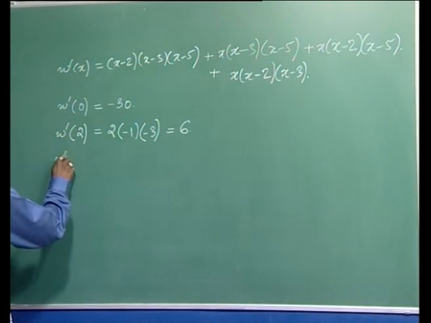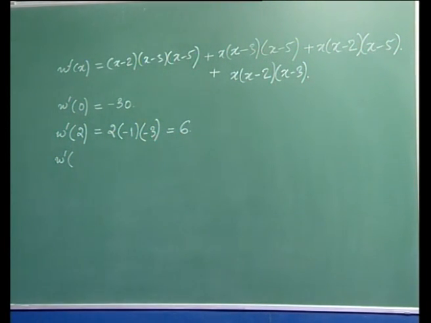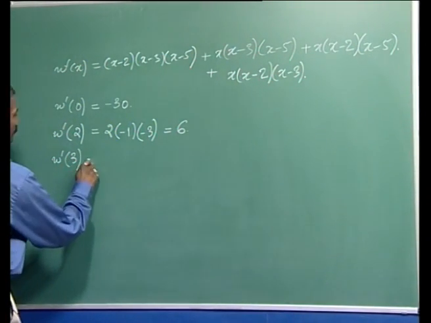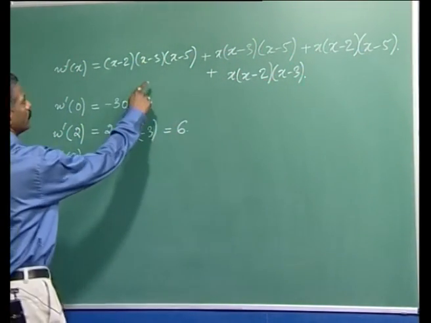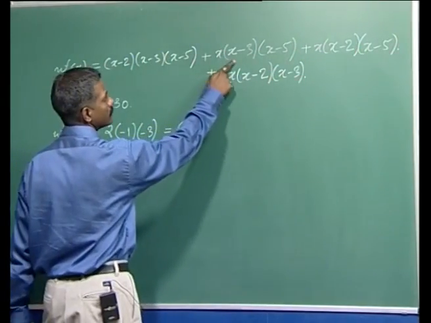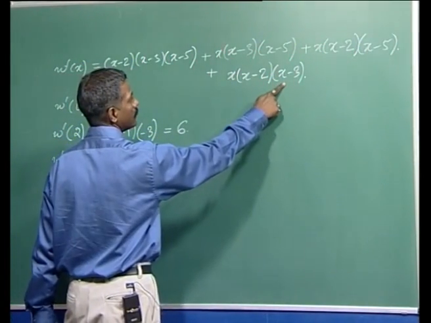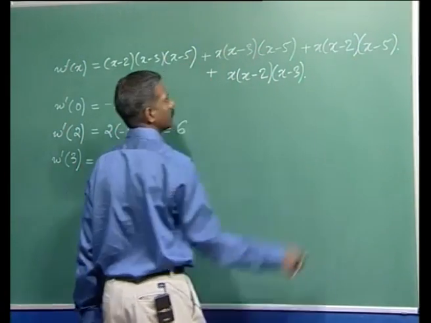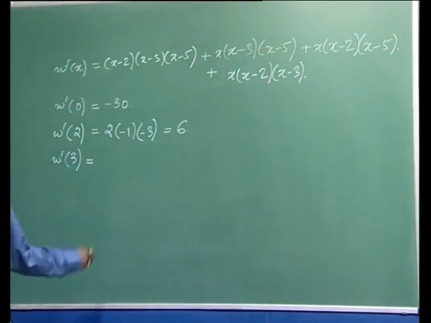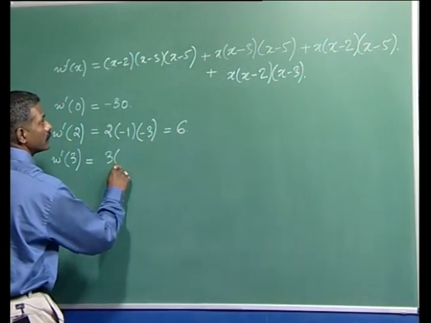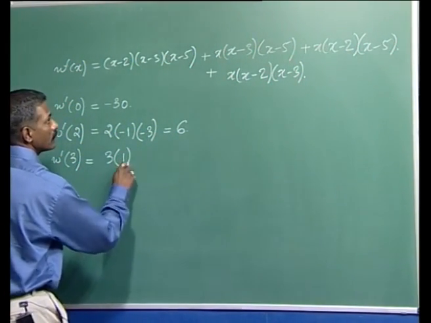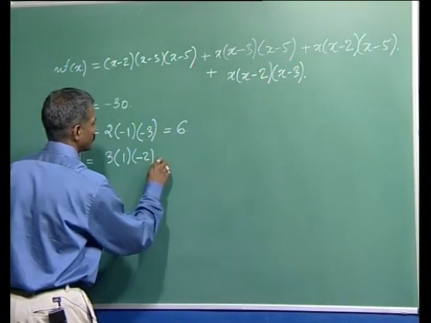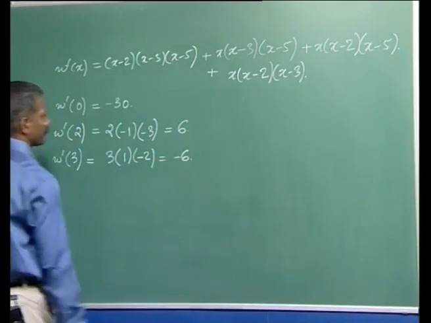W prime corresponding to x2, which is 3, is equal to this term, and this term. They'll all go, and it's only the third term that will remain. This would correspond to 3 times 3 minus 2 is 1, and 3 minus 5 is minus 2. This is minus 6.